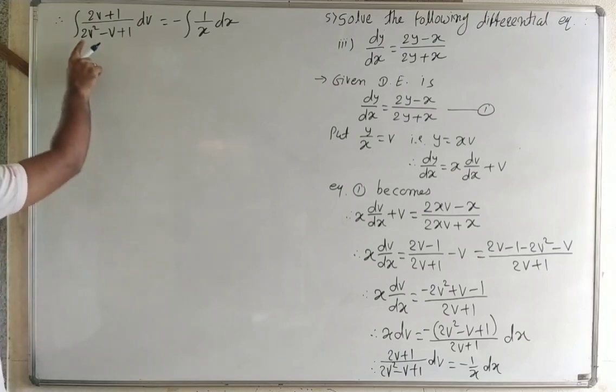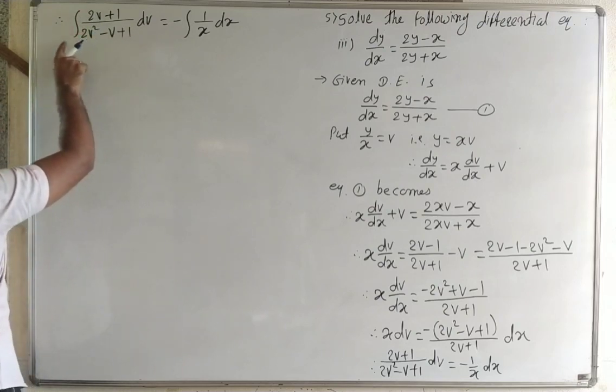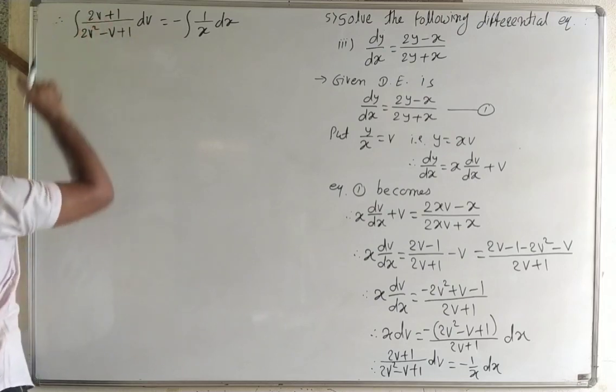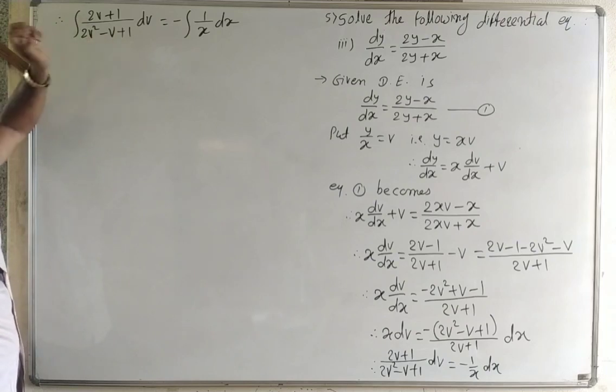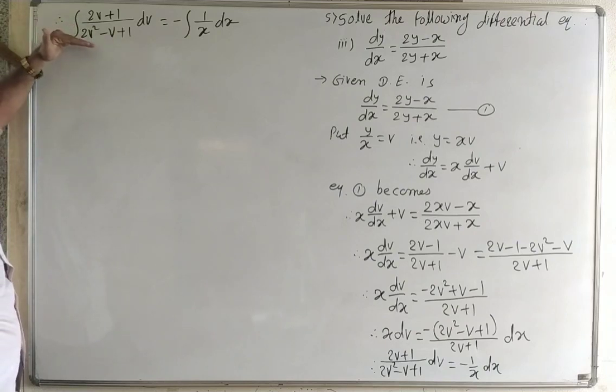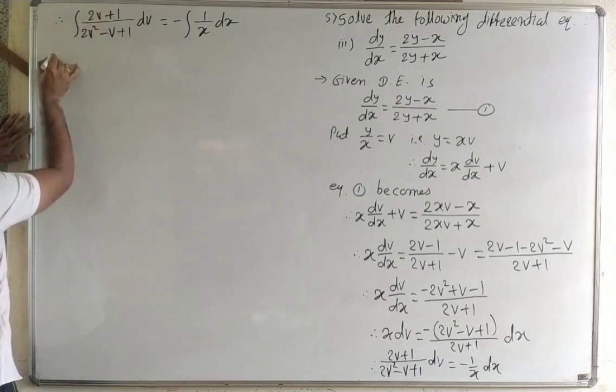Now here it is a linear function upon a quadratic function, so we adjust the derivative of the quadratic function in the linear function. Here the derivative of the quadratic function 2v² − v + 1 is 4v − 1. We adjust this derivative in the numerator. See carefully this.